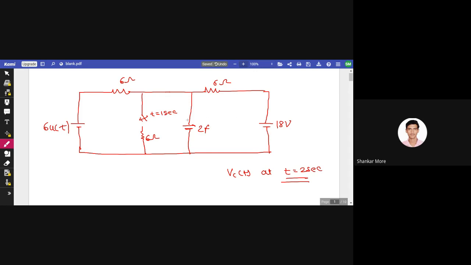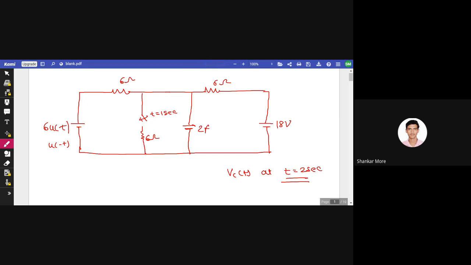But since this is u of minus t, students, this source will not be in working condition when we talk about t is equal to 2 or t is equal to 1. Why? Because it is only active when the time is negative, right? We saw that. So this voltage source will fade out, and this will act as nothing but a short circuit.